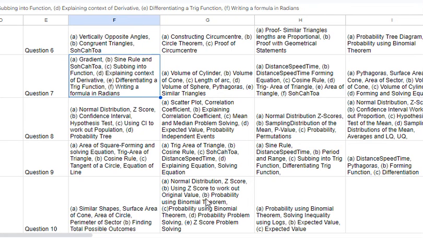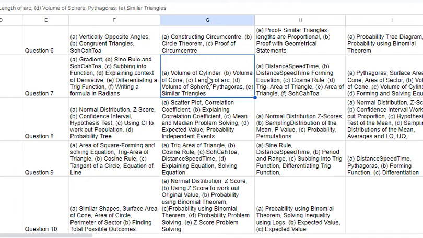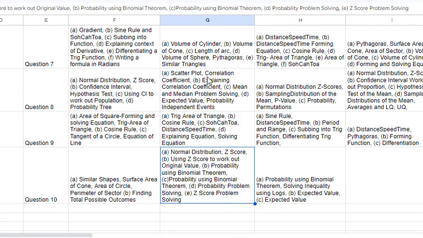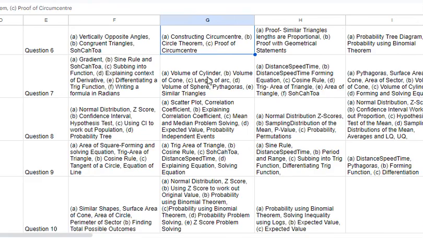So both sine rule and cosine rule are generally in there somewhere.